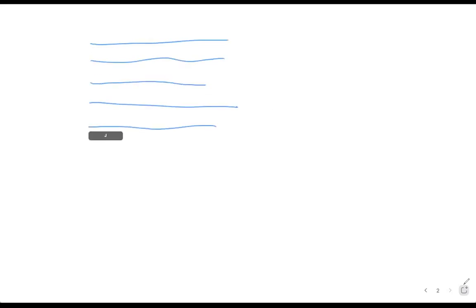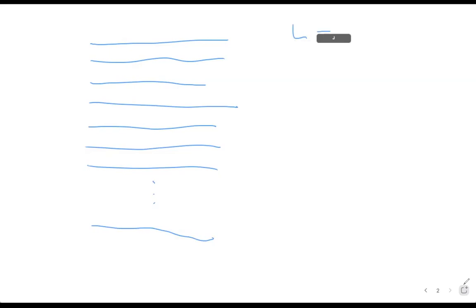Okay, so let's say I have a document. Each line here represents a text line. And then I have a list of stop words. This L is a set of stop words.